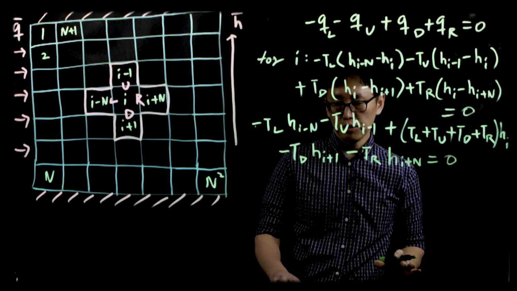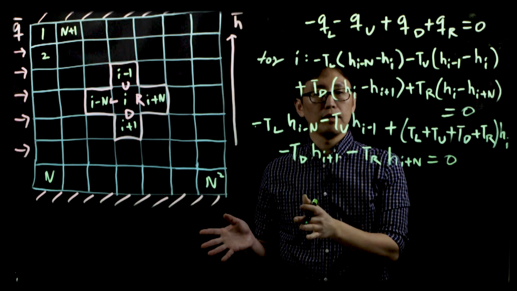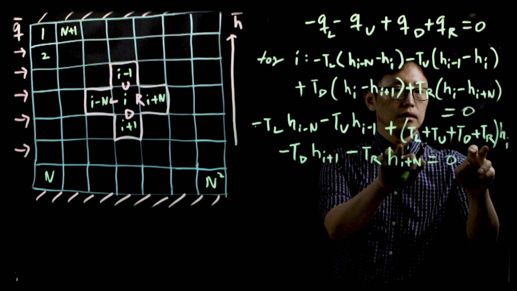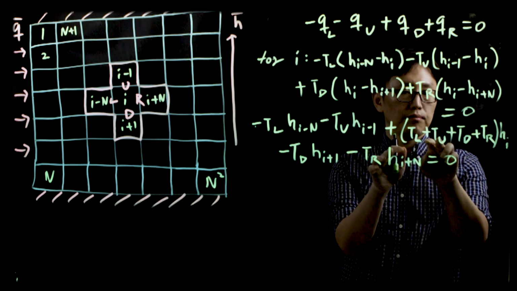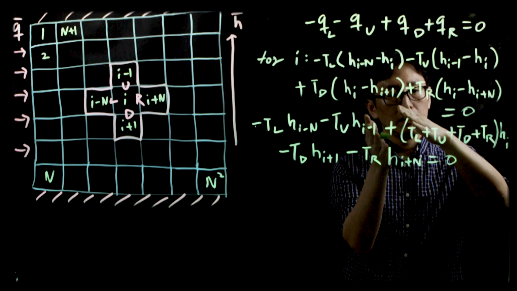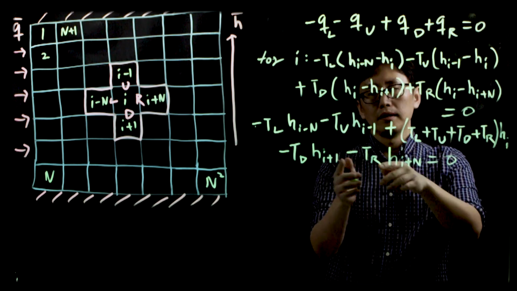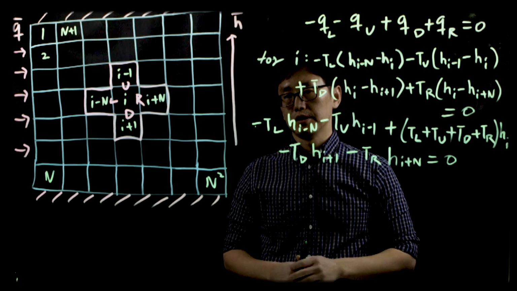And if you remember the matrix equation that we established for the one-dimensional system, you will understand this term, TL plus TU plus TD plus TR. This term will be the diagonal element, and these other elements would be the off-diagonal elements.